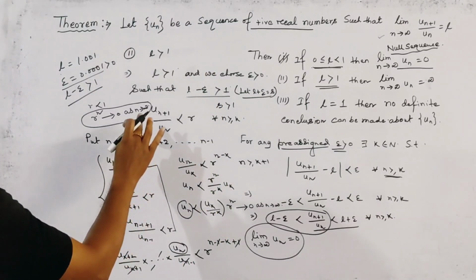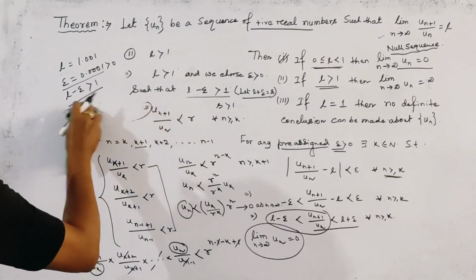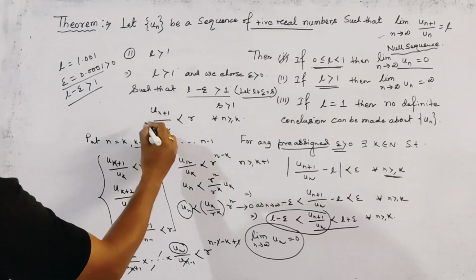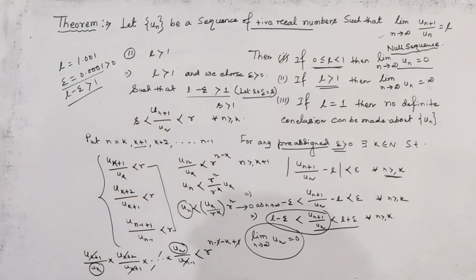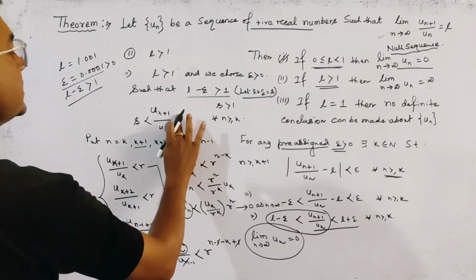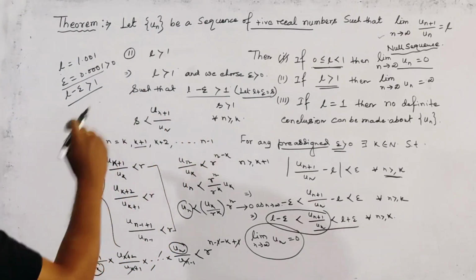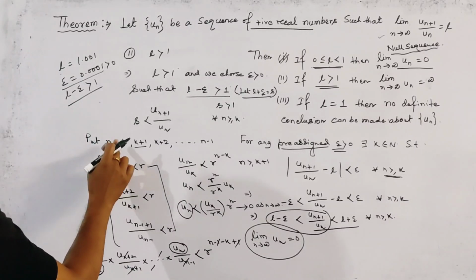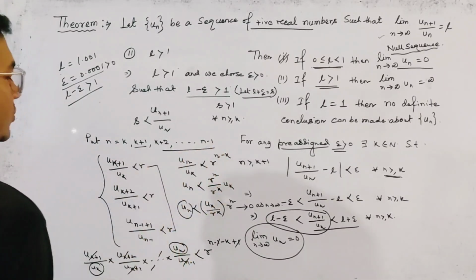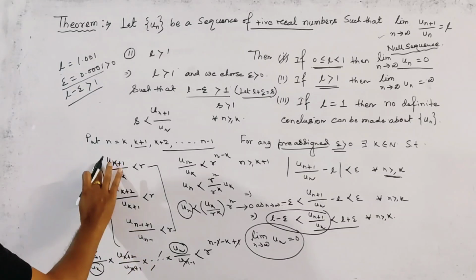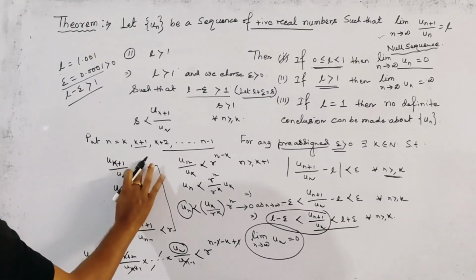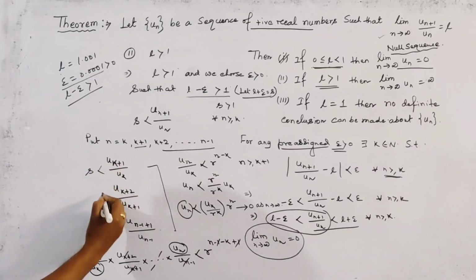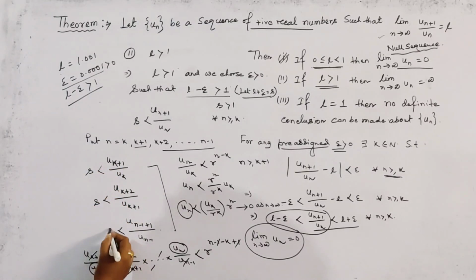And from this relation we get un plus 1 by un is not less than r, this is for the second case, s less than un plus 1 by un. Okay, and also here we put n equal to k, and in the same way we get this result, but here it is not the right side result, we get the left side result as greater than s and also greater than s.